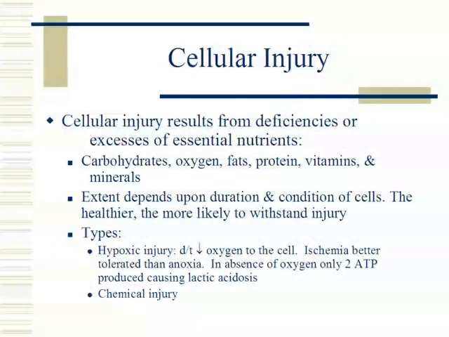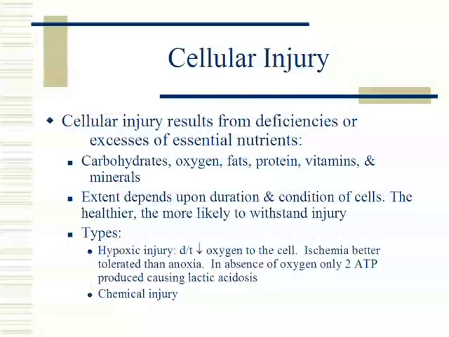The extent of the cellular injury depends upon the duration and the condition of the cells. The healthier the person is when they're exposed to the problem, the more likely they are to withstand the injury. There are different types. Hypoxic injury, as we've mentioned, is due to a decrease in the amount of oxygen to the cell. And that decrease in oxygen to the cell can cause ischemia.